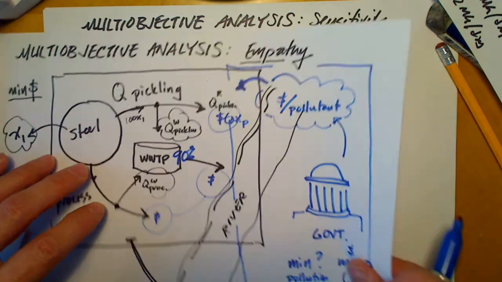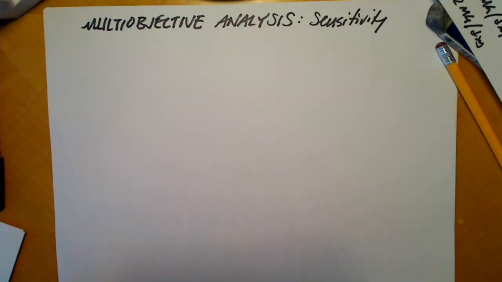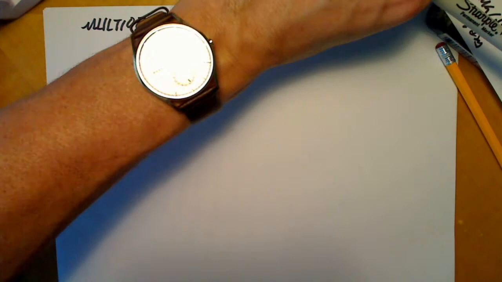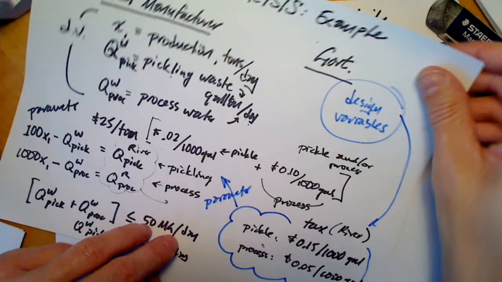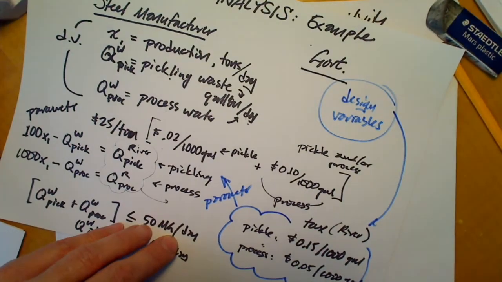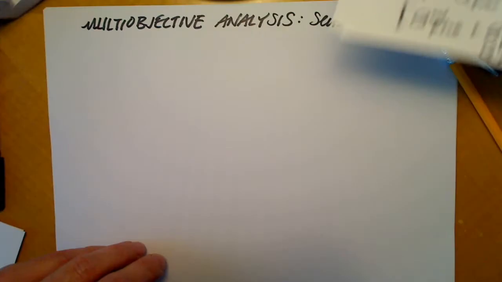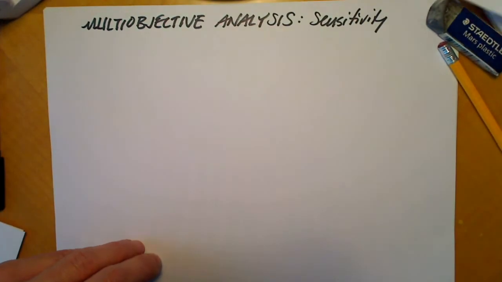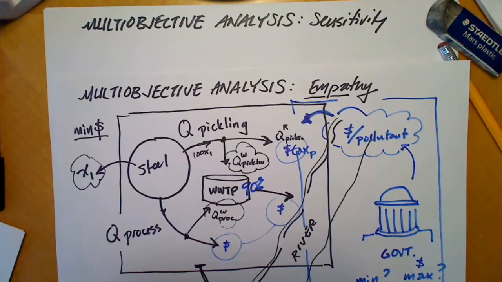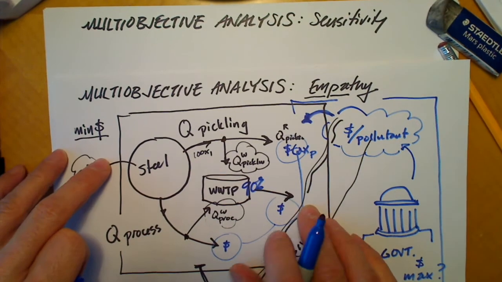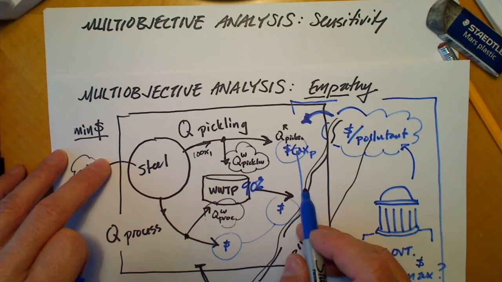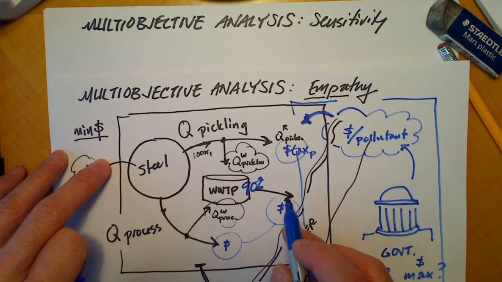We're going to revisit those fees in a second after we look at the interaction between these two players. Suppose that the government wants to decide how they should set their taxes. Remember that whatever is going to come out of the wastewater treatment plant will be reduced by 90%.